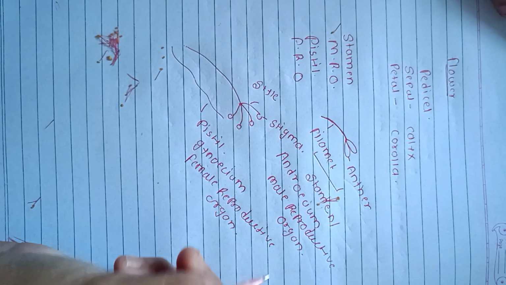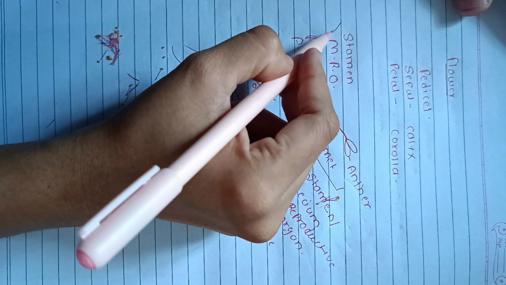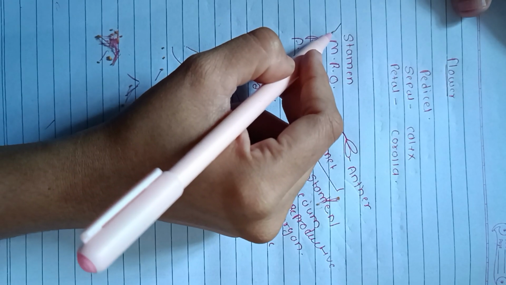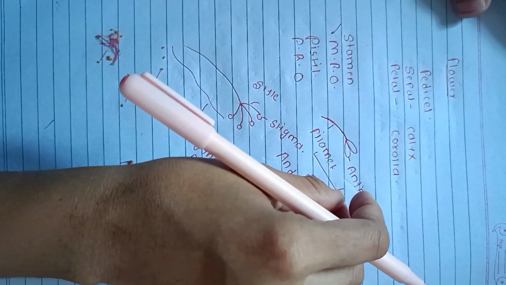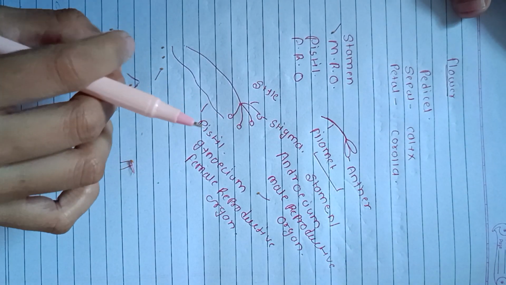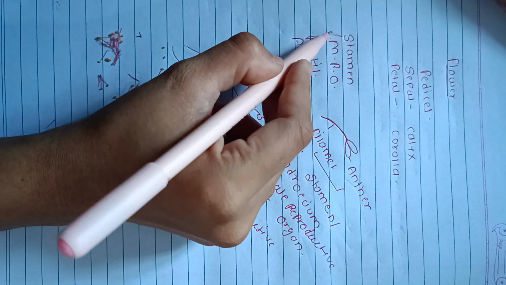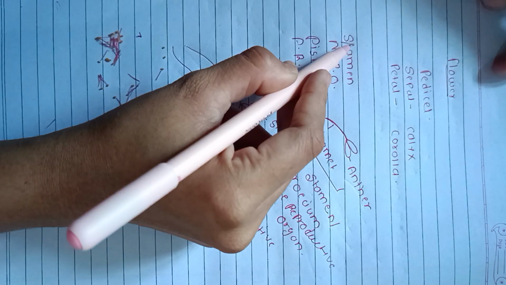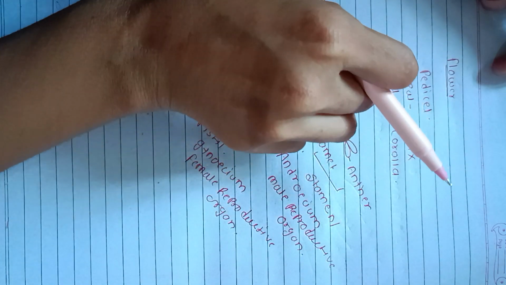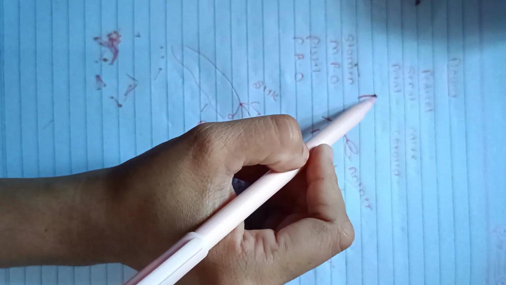So pollination is the transfer of pollen grains from the anther to the stigma of the flower. Here the structure is known as the anther, and in this anther pollen grains are present. So this is the stigma.